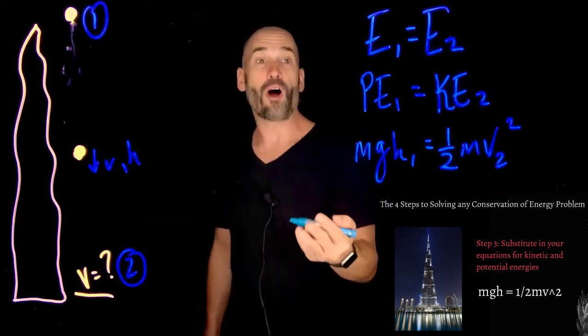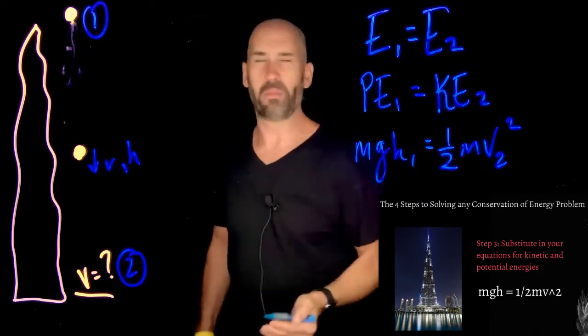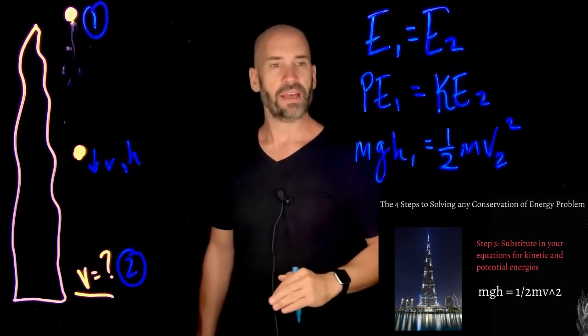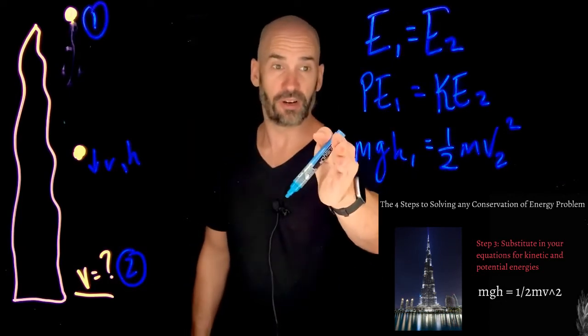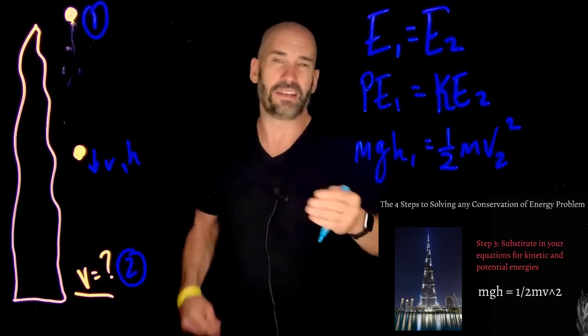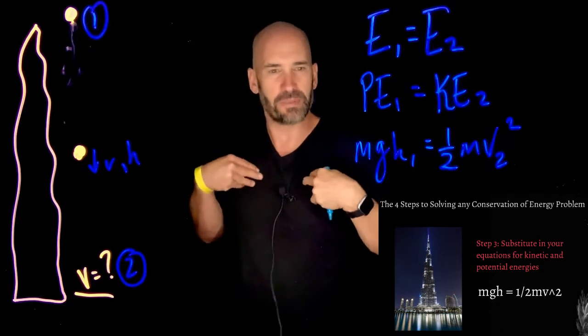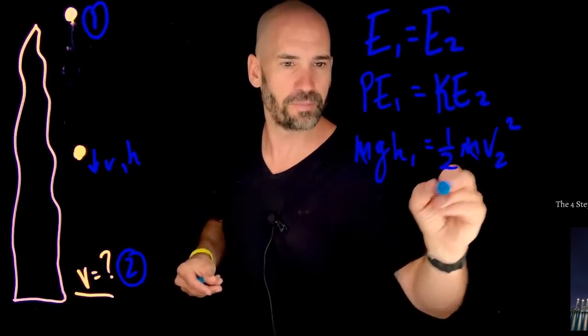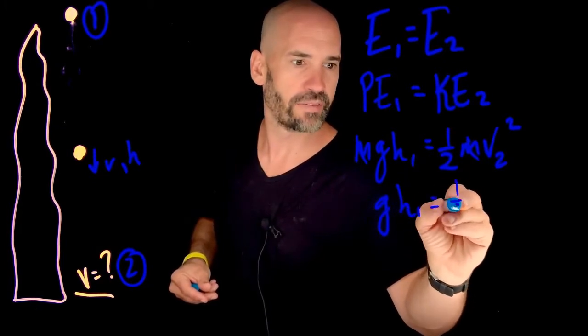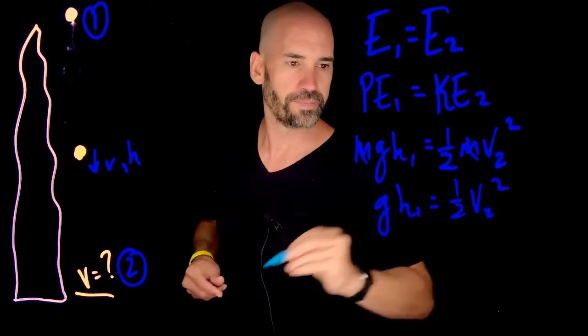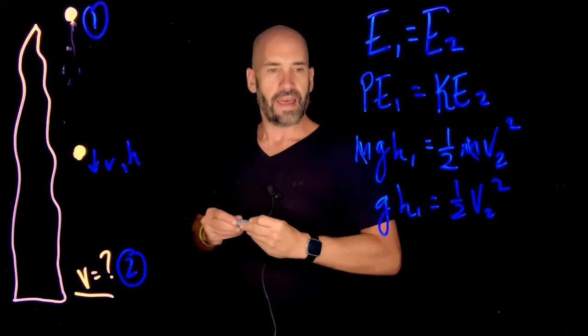So step 3, all I've done is substitute my equations. Basic. Couldn't be easier, right? And if there's a situation where you have m in every term, it's just so satisfying to me, deeply satisfying to be able to cancel them out. So I can actually make this a little bit easier and say gh1 equals 1/2 v2 squared.